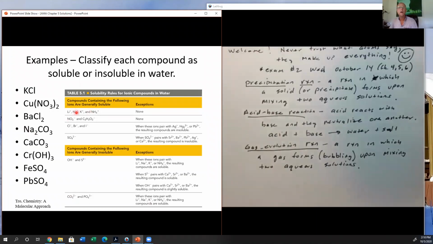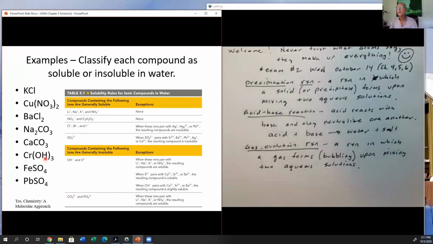So sodium is always soluble in all of it. Any compound you see sodium in, it's going to be soluble, right? Calcium carbonate. Insoluble, right? So you don't see calcium up here, but you do see carbonate down here, and that's generally insoluble, and calcium is not an exception, right? So it's insoluble.